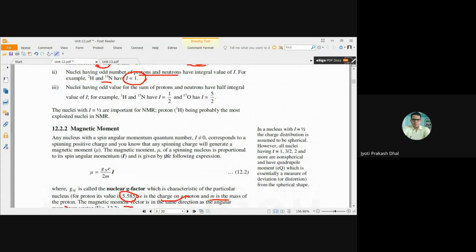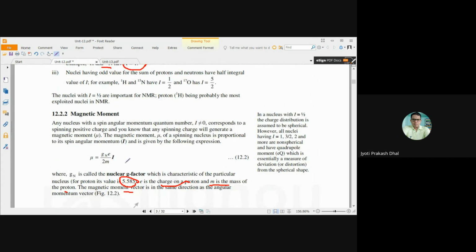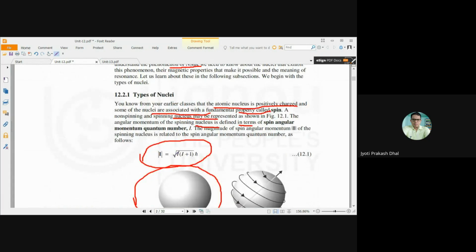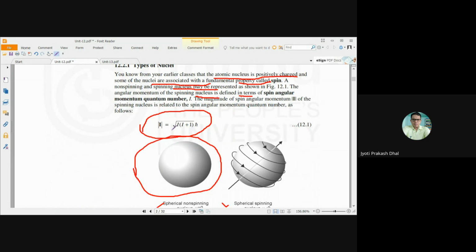So here equation 2, mu equals gne divided by 2m into I, and equation 1 is I equals square root of I into I plus 1, whole into h cross.